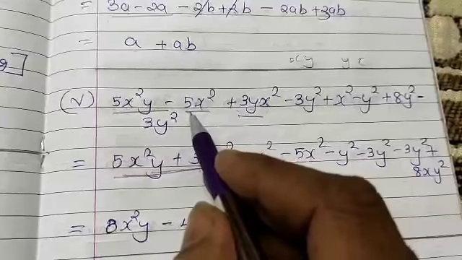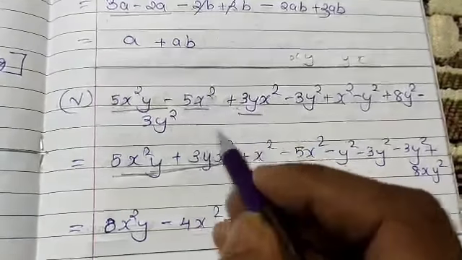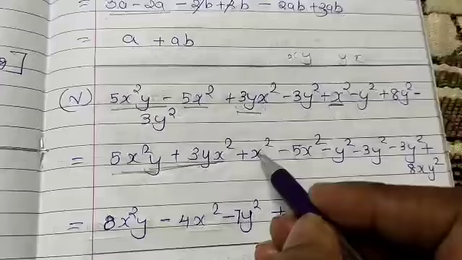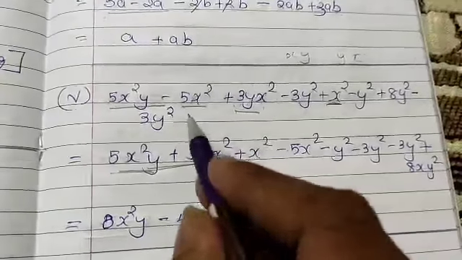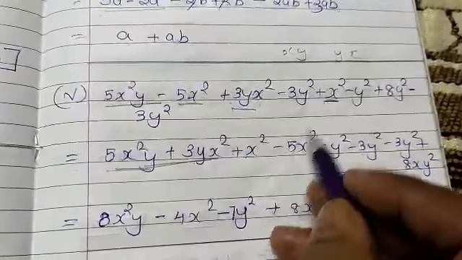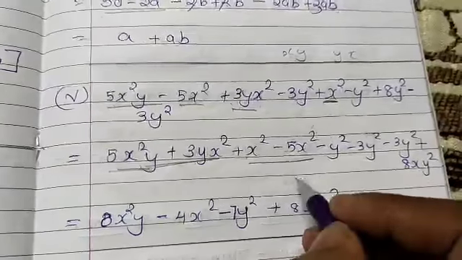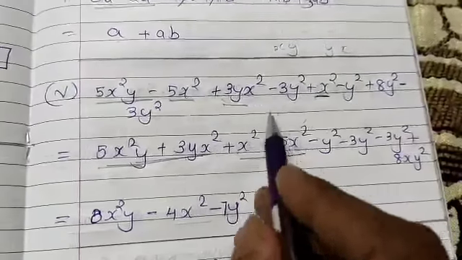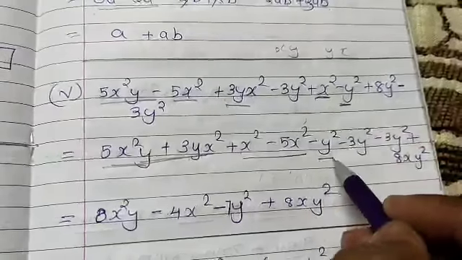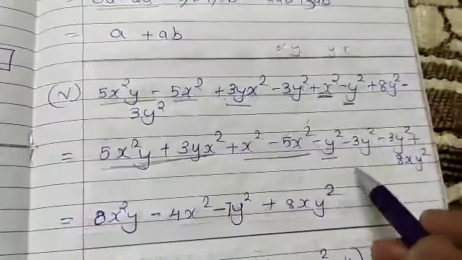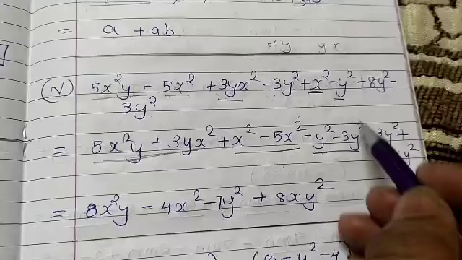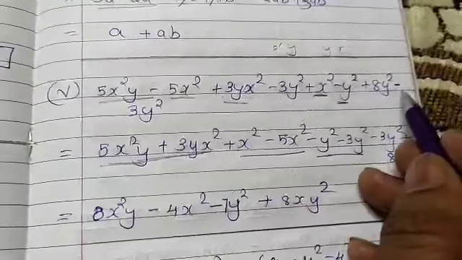Then we have to find the like term of negative 5x square. Here I had written x square first, that is plus x square. So its like term is negative 5x square. Then write down y square over here, and find its like term, that is negative 3y square. Then one more, it is negative 3y square.